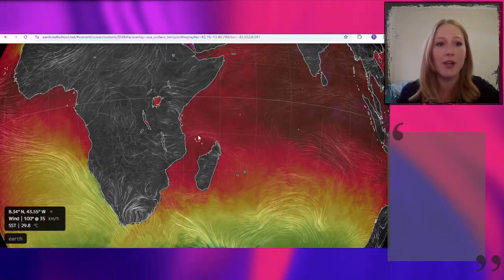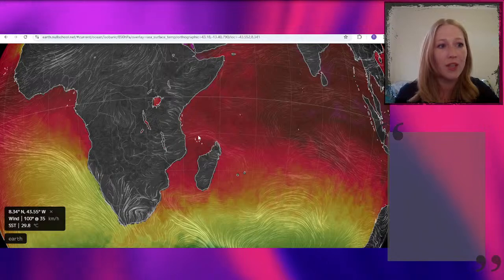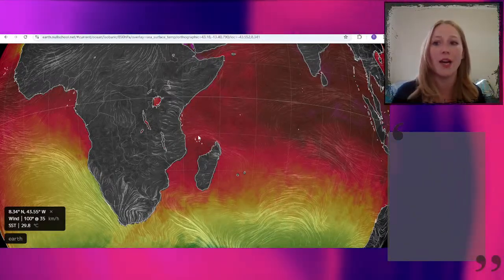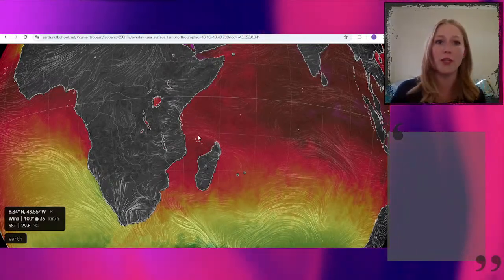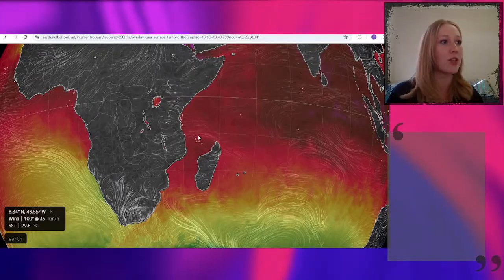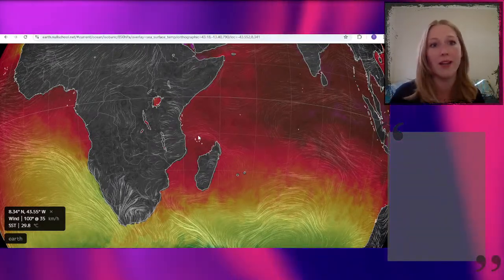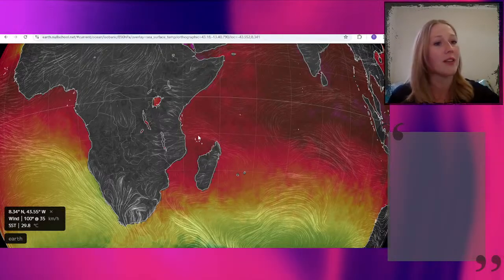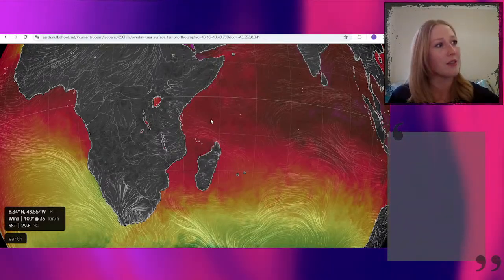So it won't have its fuel anymore. It needs a constant supply of humid, warm air. And when it leaves the ocean, it doesn't have that fuel supply and it starts to die down. That is why we might see it deflecting.